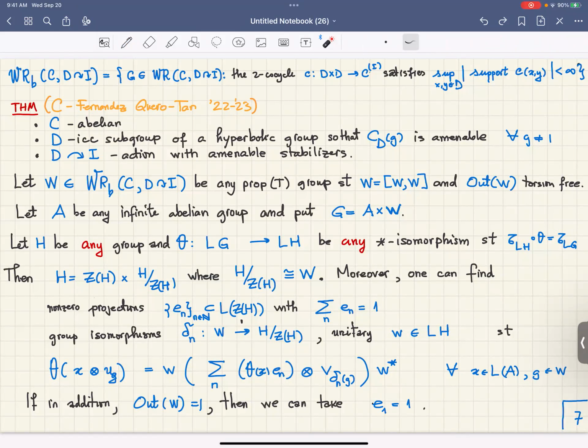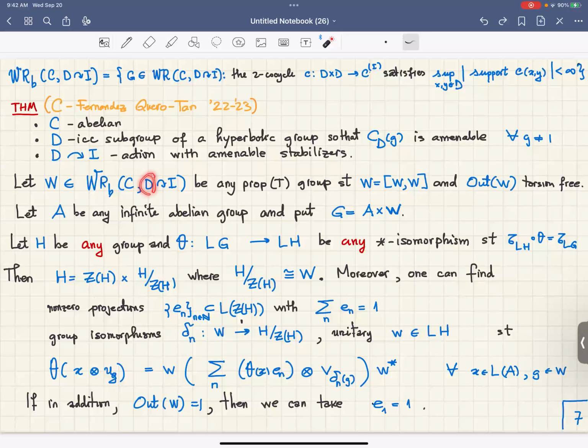First of all, again, I'm going to deal with wreath-like product groups, with symmetric conditions as before. Start with a wreath-like product group which has a base that is an abelian group, an infinite abelian group. I mean, it can also be finite, it doesn't matter, it just has to be non-trivial. That's the only thing that matters.